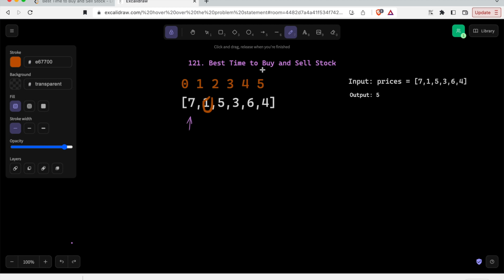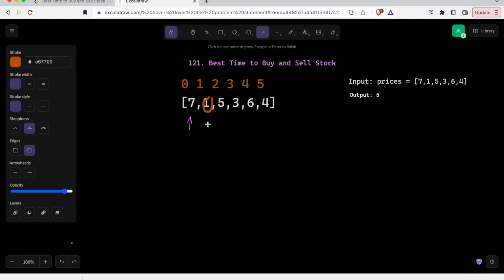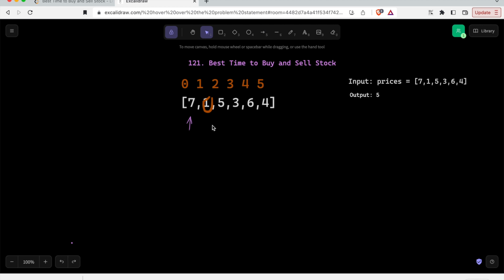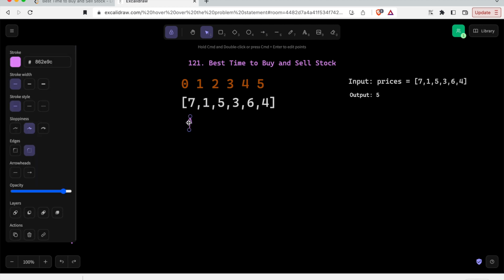So let's see how you can solve this problem. You can solve it in a brute force manner by applying 2 pointers, one pointer at the first position and one pointer at the position of 1. At every point your buy will obviously be in the past and your sell will be in the future.